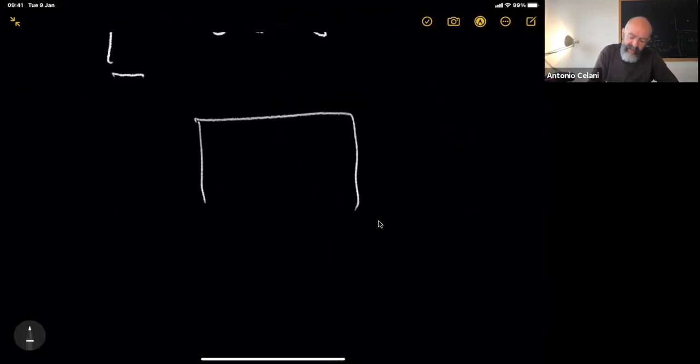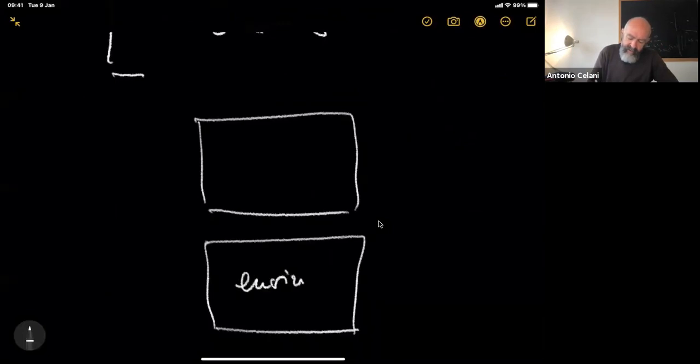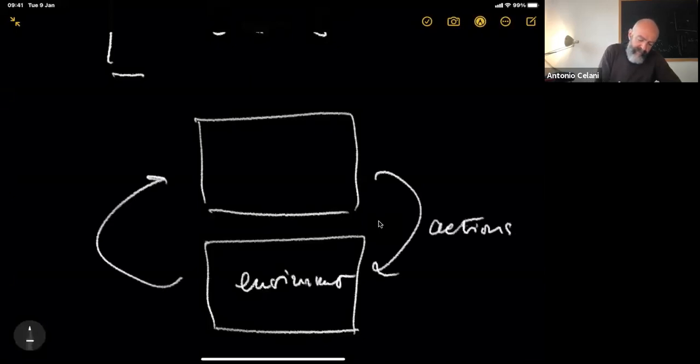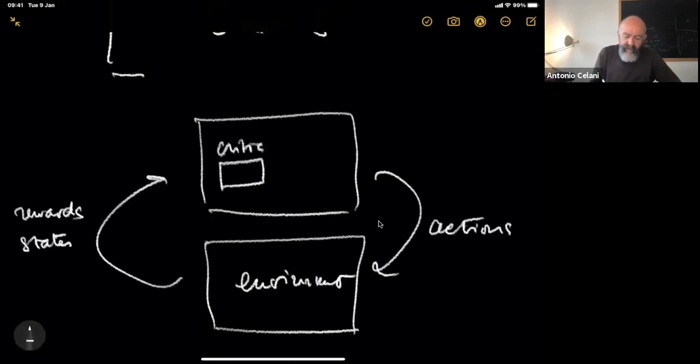So let's go back again to our usual interface. So here, again, there is a critic which receives rewards and states. It has an approximation for V. So inside the critic, there is our approximation for the value function.